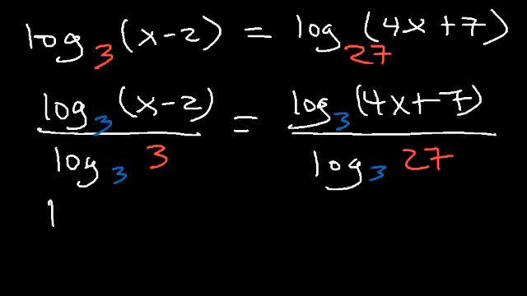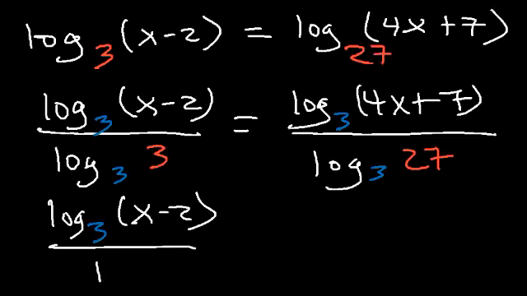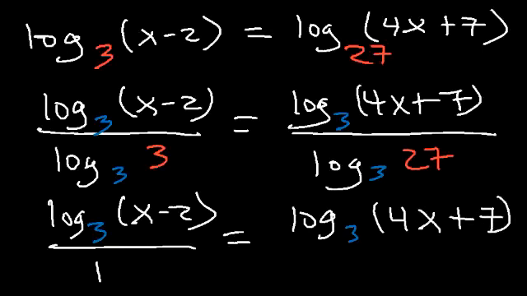So on top, we still have log base 3 x minus 2. And on the bottom, log base 3 of 3. Because they're the same, it's just going to be 1. 3 to the first power is 3. Now on the right side, it's going to remain log base 3 4x plus 7. And now what is log base 3 of 27?